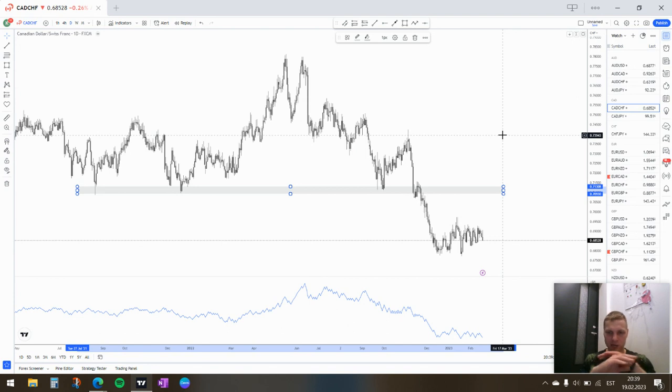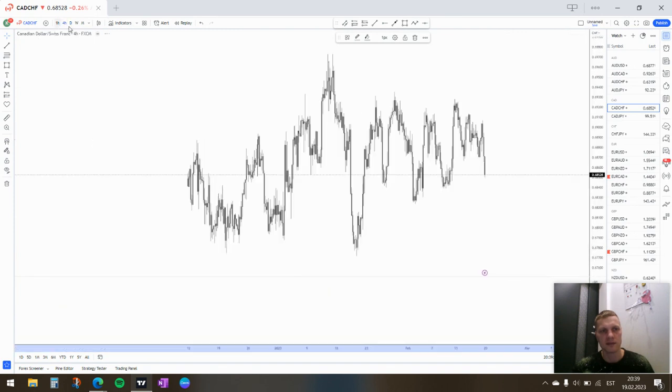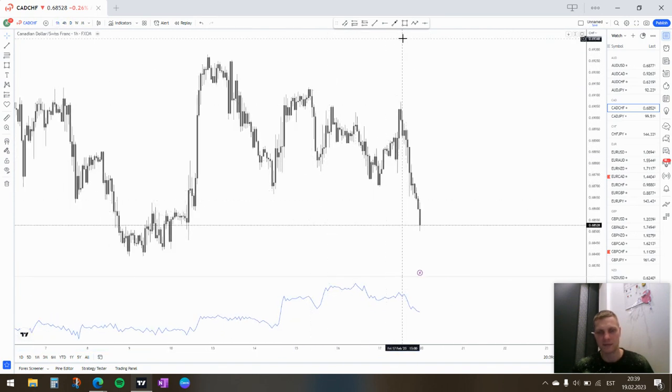I'm looking for support and resistance, and wicks at support and resistance, an M or a W depending on where the price is: an M at resistance and a W at support, and that's it. I have to develop myself as a trader so that I can develop my trading strategy.